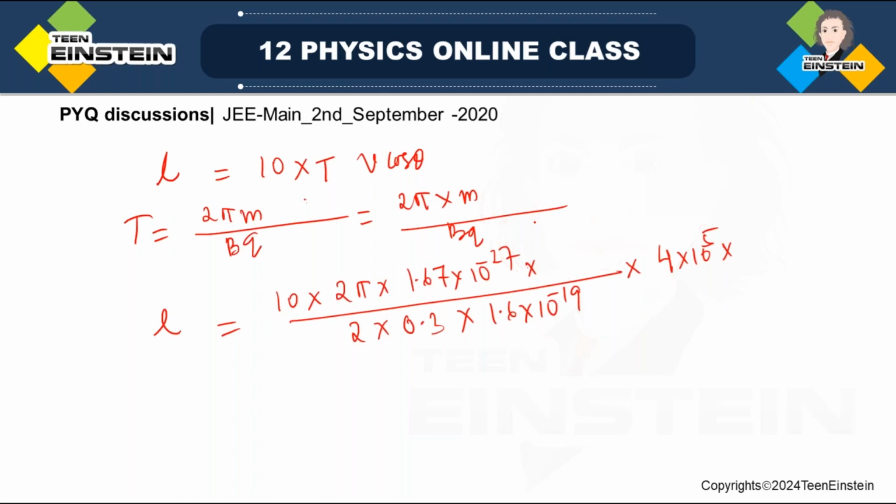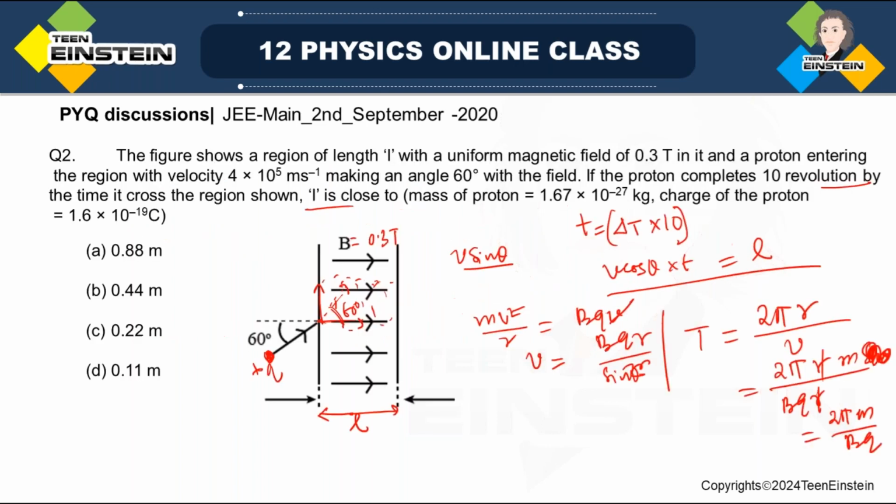All right, so 4 into 10 to the power 5. Then for cos theta, we have to write half. Then we have 10 into 2 pi m by Bq.